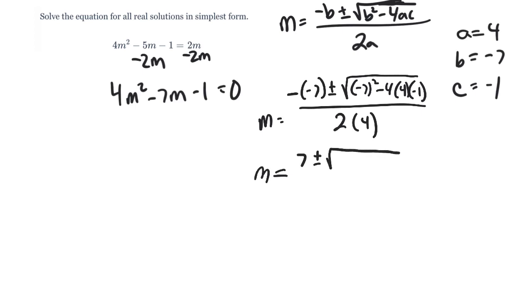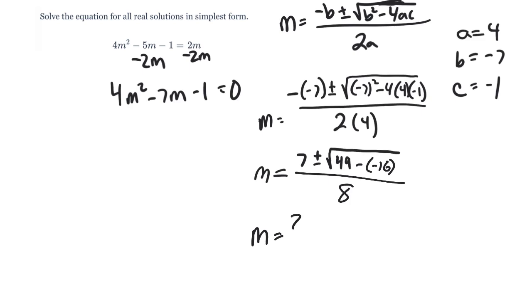Plus and minus the square root, negative 7 squared is 49. And then I have 4 times 4 times negative 1. 4 times 4 is 16, times negative 1 makes it negative 16. So I end up with minus a negative 16. It's going to make it positive, but I wanted to write it out to show you where the signs are going. 2 times 4 is 8.